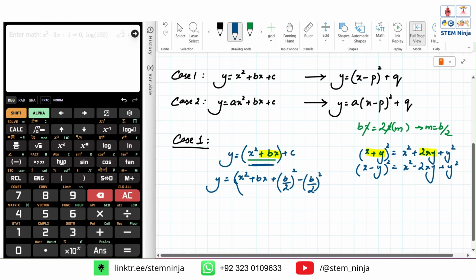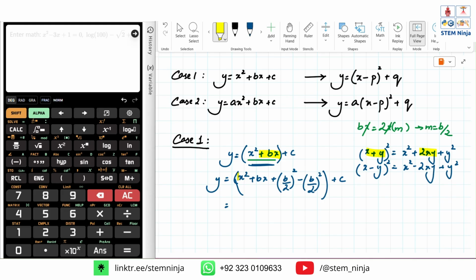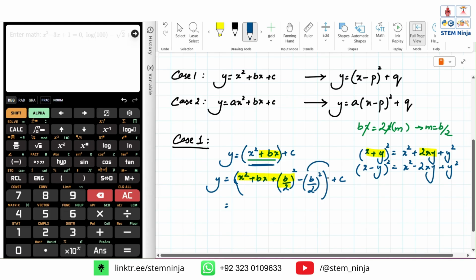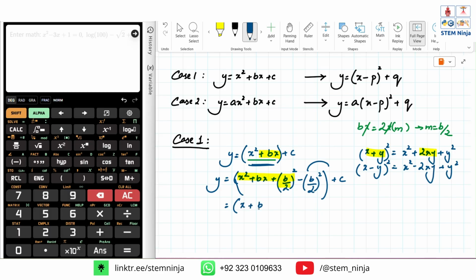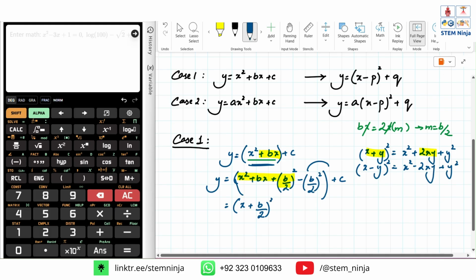If we don't write the minus part, it will change the expression itself. Now, further, we know that only this is part of the square. We can write this thing outside. So this would become x plus b over 2 whole squared minus b squared over 4 plus c.